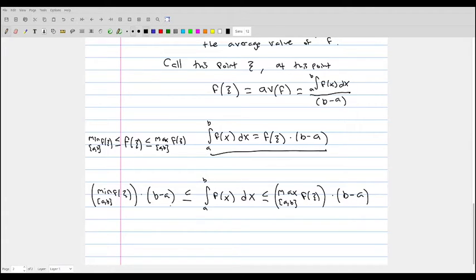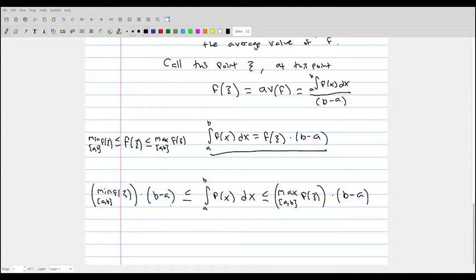So this is kind of a powerful result. It says that for any continuous function on any closed interval from a to b, we can always do this procedure and figure out the maximum possible value for the integral and the minimum possible value for the integral as well. We have an upper and lower bound, which is very, very useful in many, many applications.